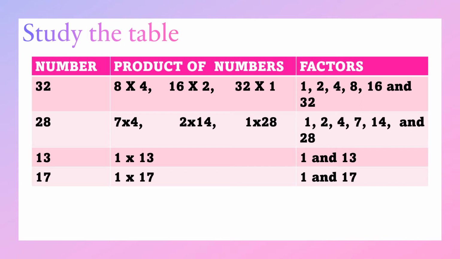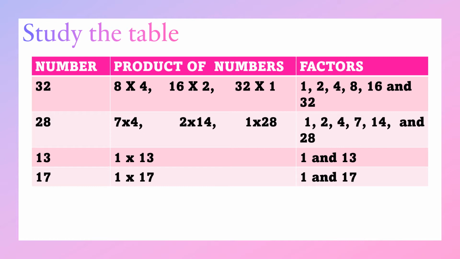Let us study the table. We have number 32. What are the products of number 32? We have 8 times 4, 16 times 2, 32 times 1. Factors: when we combine all the products of the given number 32, they are called the factors.